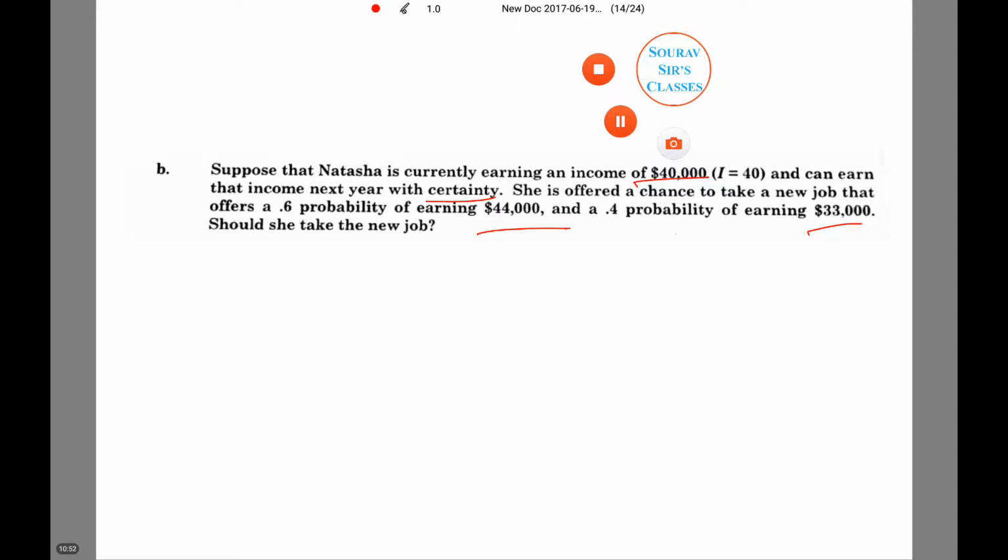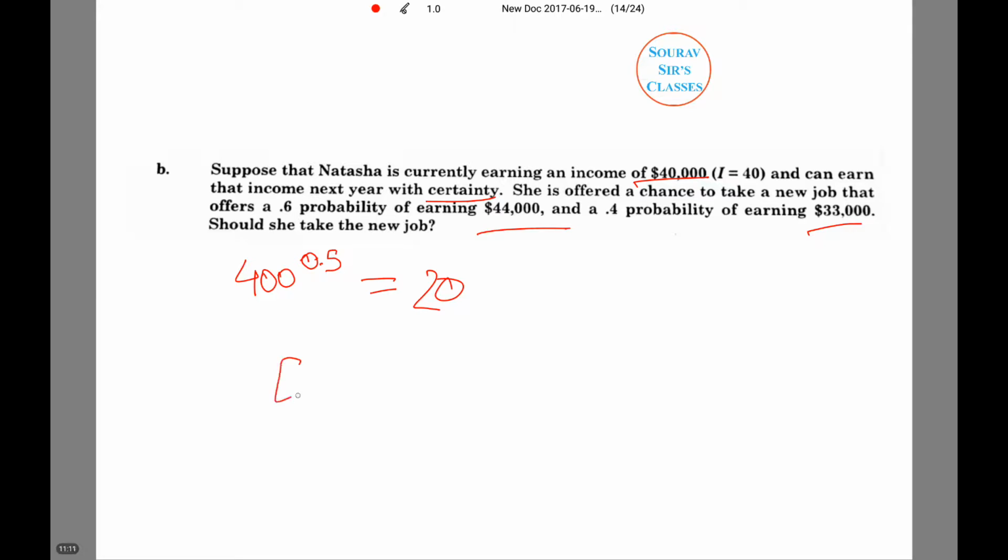Let's figure it out. The utility of her current job paying 40,000 is 400 to the power 0.5, which comes to 20.